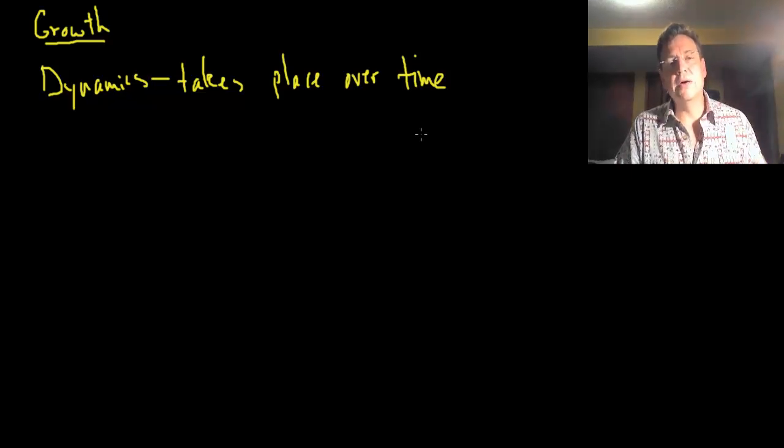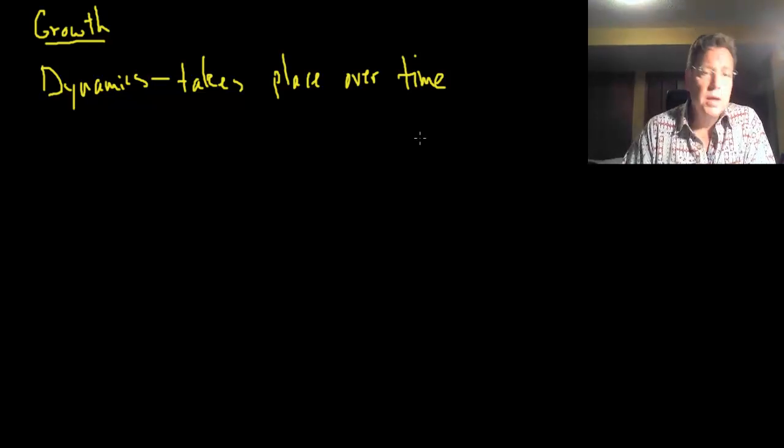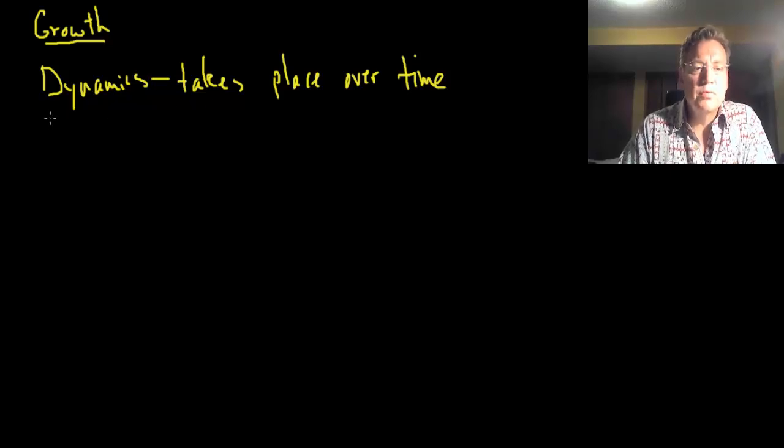Dynamics are all about how the economy tomorrow depends on what happens in the economy today. And to study economic growth, that's what we're going to need to do. Now, because dynamics complicate things, we're going to simplify the analysis in a couple of different ways.